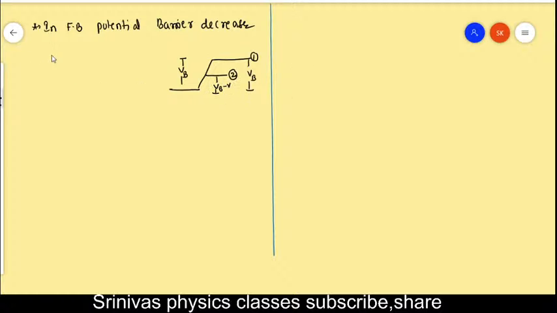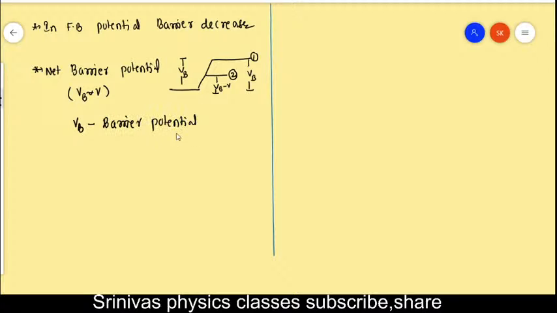Why does the potential decrease? The net barrier potential will become VB minus V. You can also write V minus VB. Net barrier potential is VB minus V, where VB is the barrier potential and V is the applied potential.